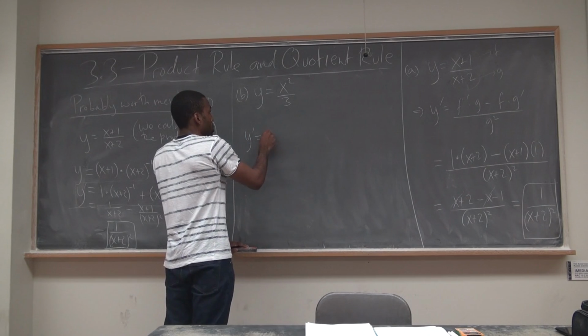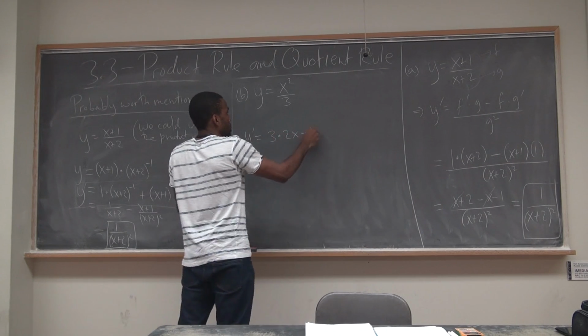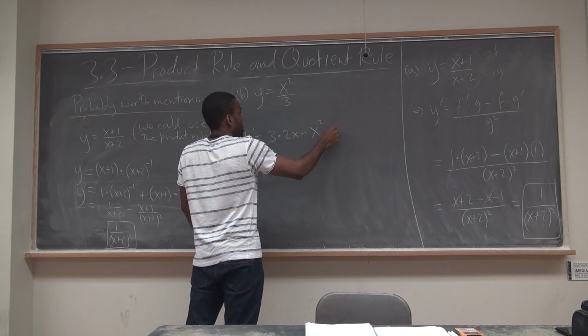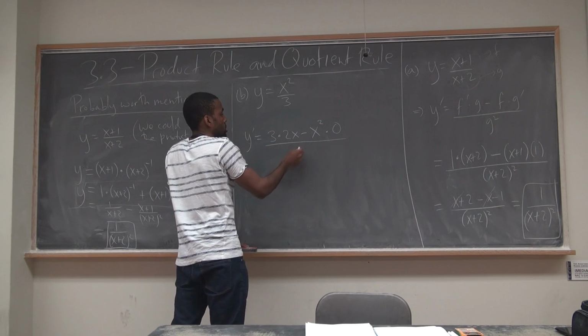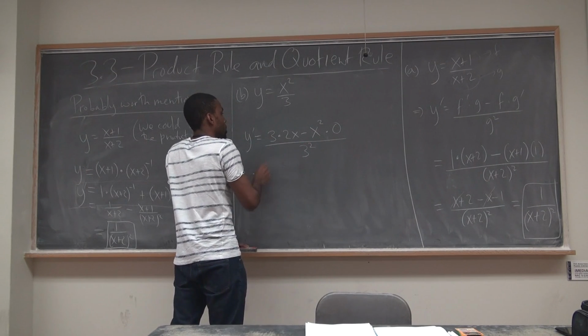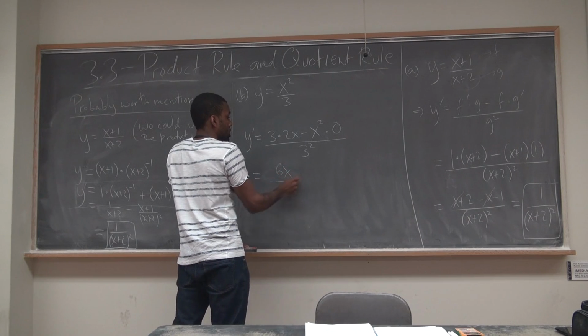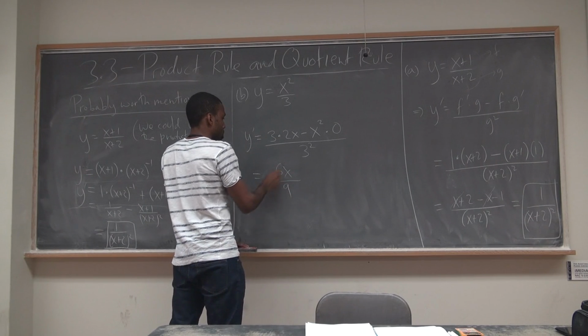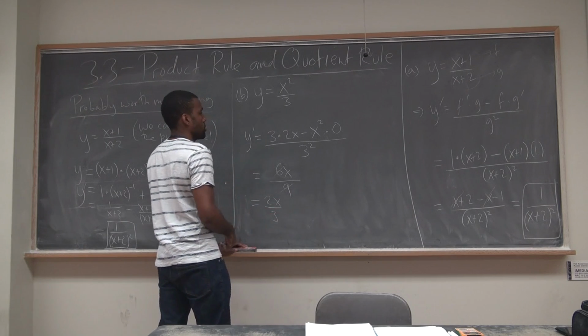Okay, so you can do the bottom times the derivative of the top, minus the top times the derivative of the bottom, which is 0, all over 3 squared, the bottom squared. This would give me what? 6x minus 0, which is 6x, over 9, which we can simplify. 3 to this goes 2 times, 3 to that goes 3 times.